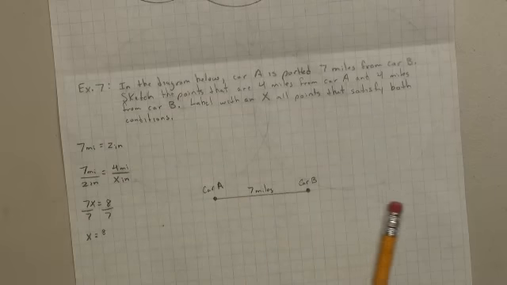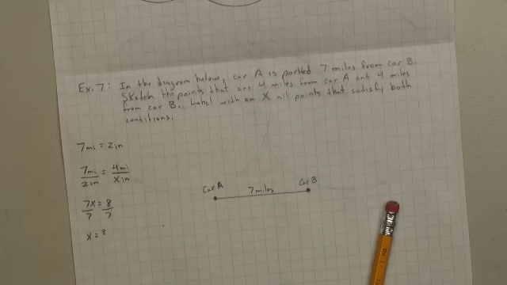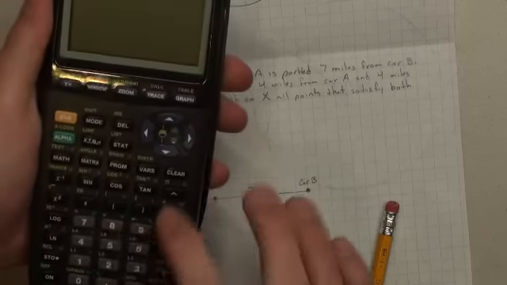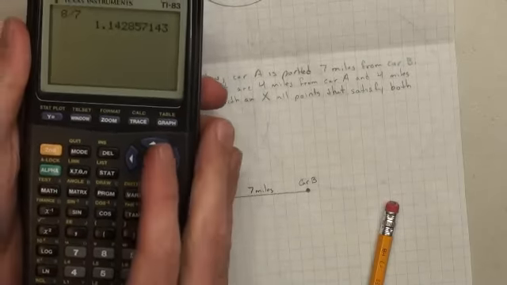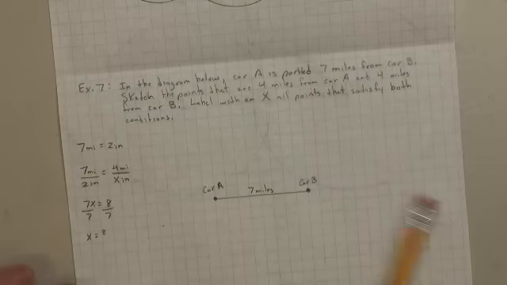let's see what that is. In decimal, hopefully it comes out to a nice decimal. So I'm doing 8 divided by 7, and I'm getting, it's about, let's say, 1.14.